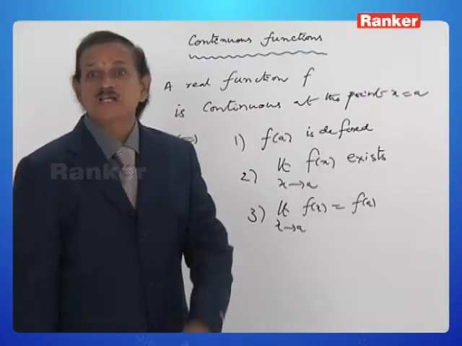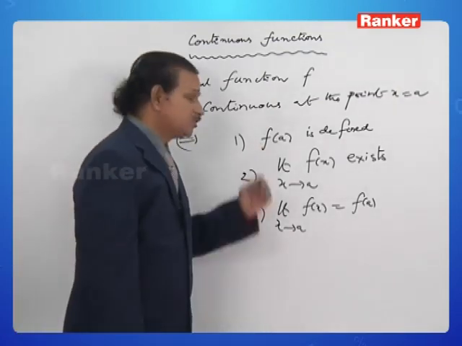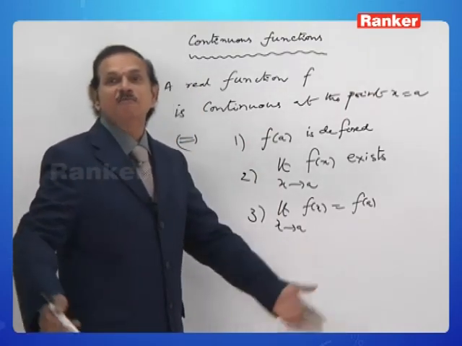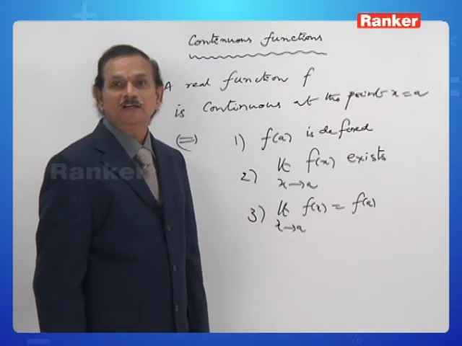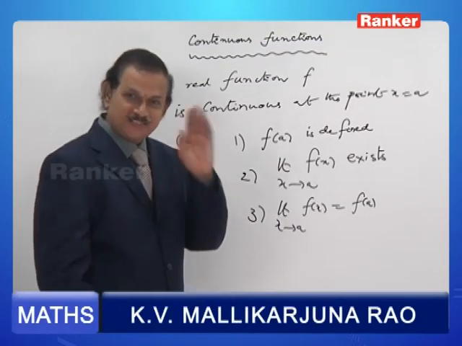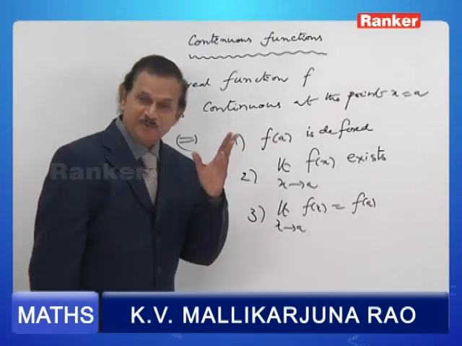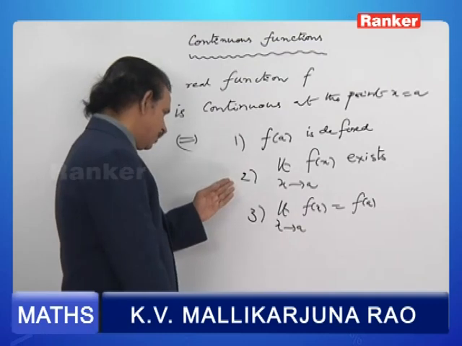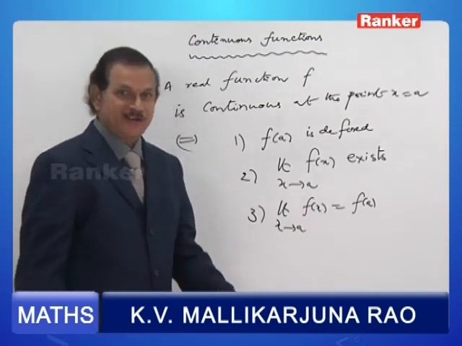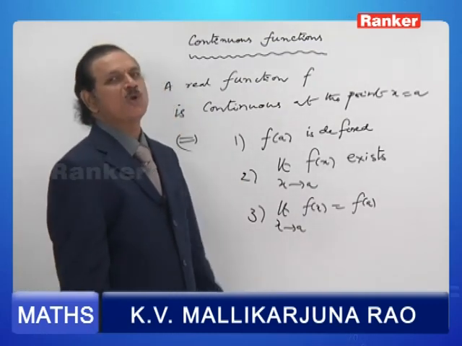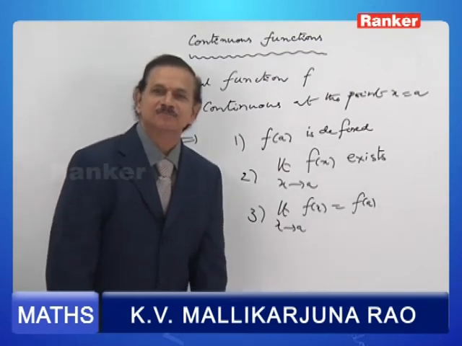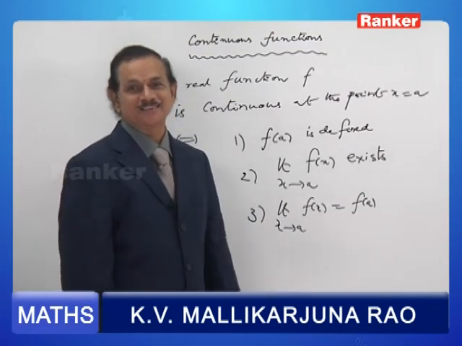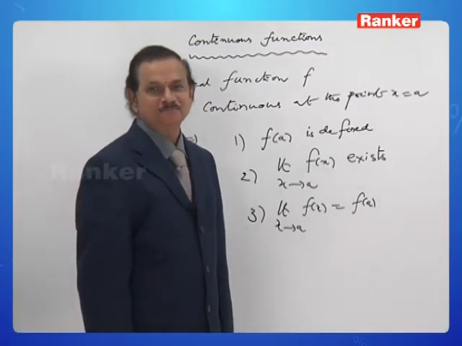Then also we say that the function is not continuous at x equal to a. There might be some functions for which the first condition is okay, the second condition is also satisfied, but the third condition will not be satisfied. We can compare this with a team in a tournament which is qualified in the quarterfinals, qualified in the semi-finals also, has entered the finals, but loses the match at the finals. Then also it is discontinuous because it has lost the match.